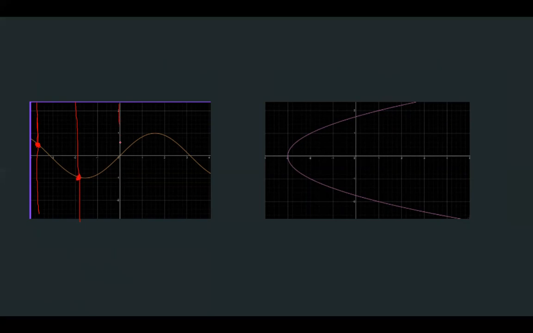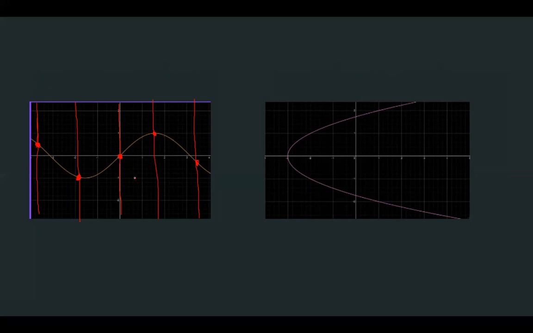If I draw here, it will still connect to one point. If I go here, it will intersect at one point. If I draw it here, it will still connect to only one point.